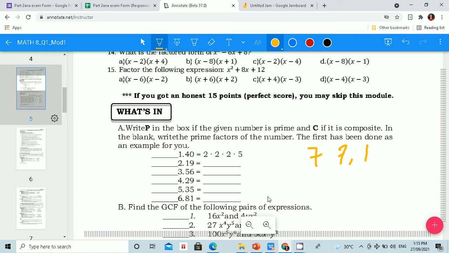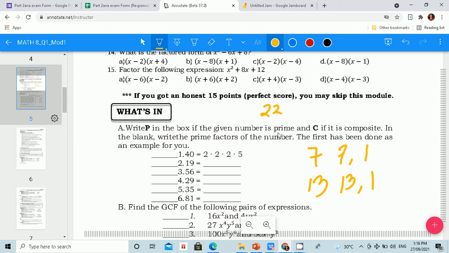What else? If we have for example 13. Is 13 a prime number? Yes, it is, because we can only find numbers that can be used to divide 13, which are only 13 and 1. For example, 22.